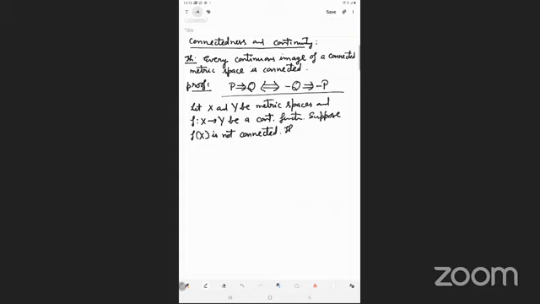Then there exists a continuous function g from f(X) to the set {0, 1} such that g is not constant. It means g is onto.